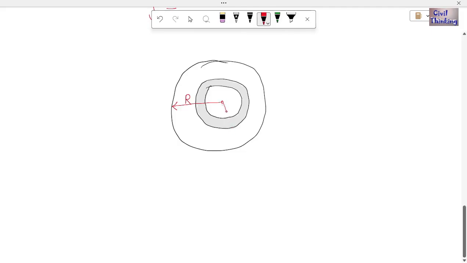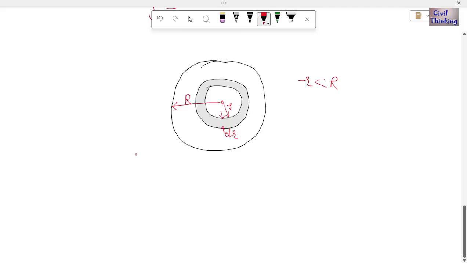So let us consider a small radius, small r, so r is less than R. We have considered a strip, and the thickness of this strip is going to be dr.